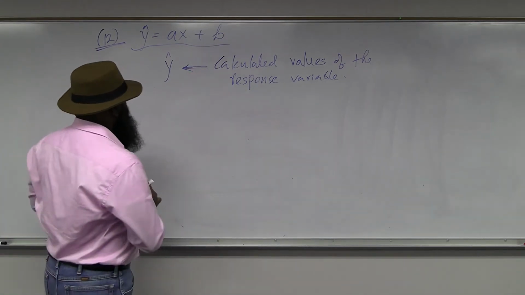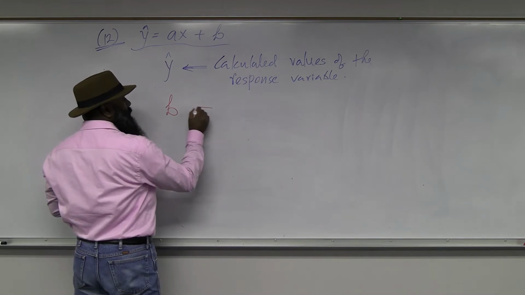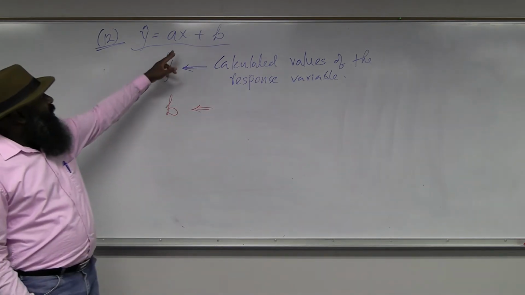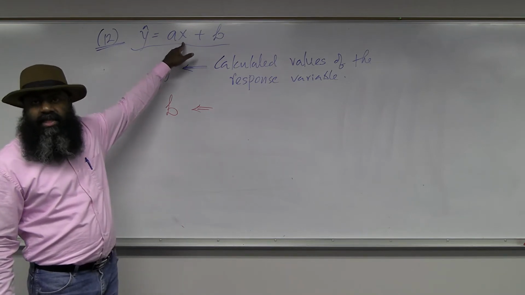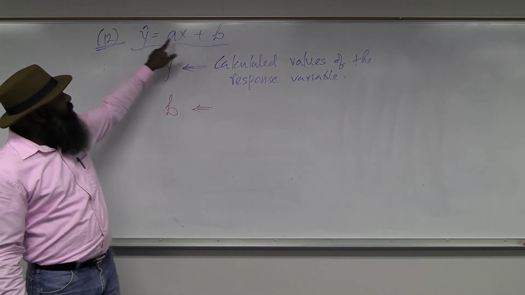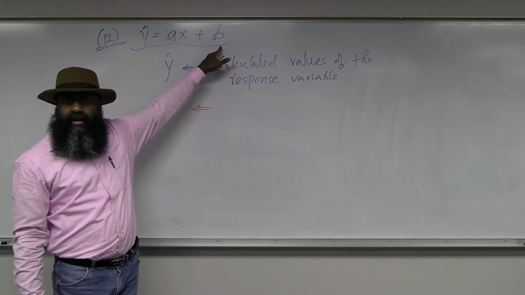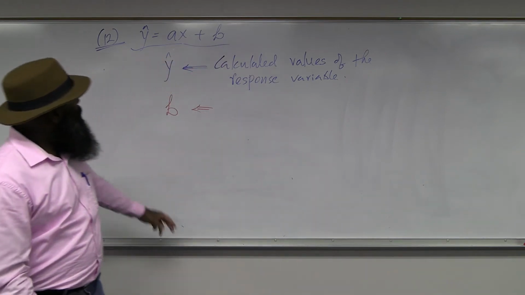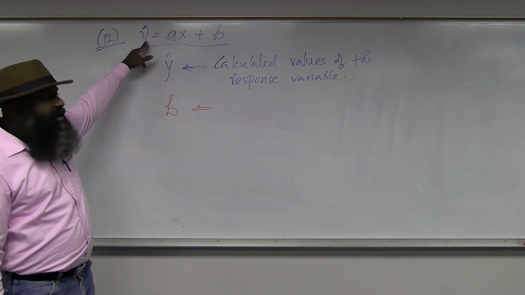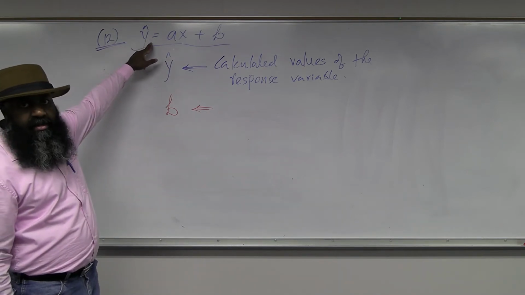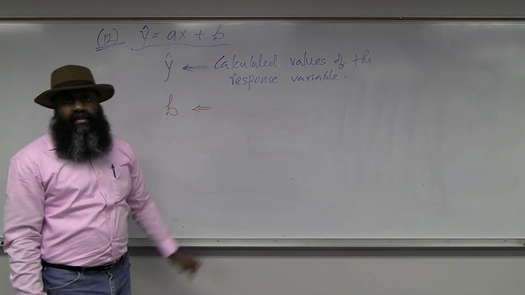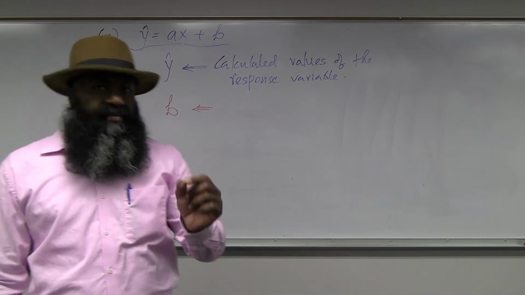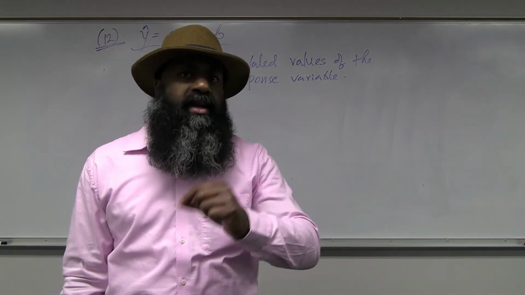So how do you interpret b? Look, if your x is equal to 0, y hat value will be equal to b, right? So we say the calculated response variable, which is y hat, when explanatory variable is equal to 0, is given by b. So that term calculated y can also be replaced as expected y.